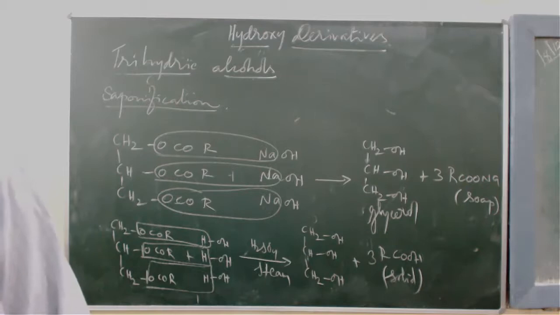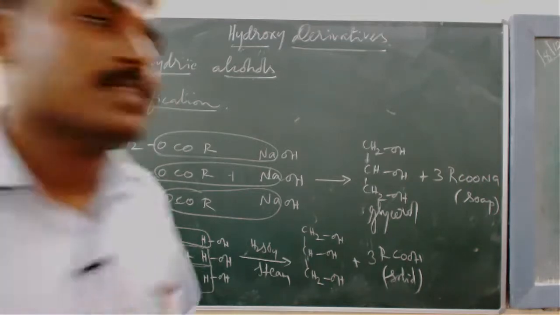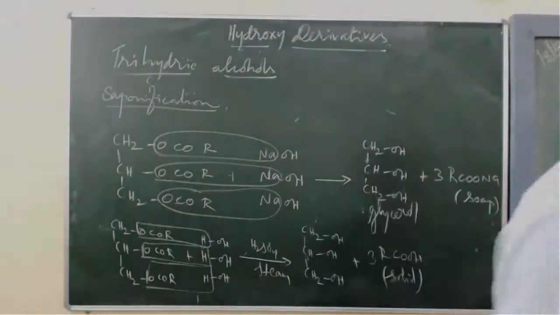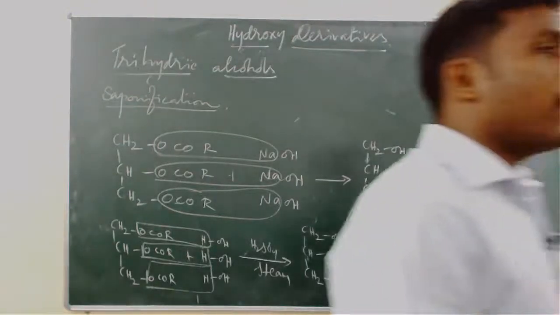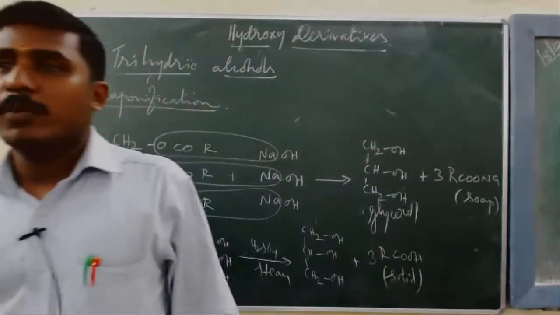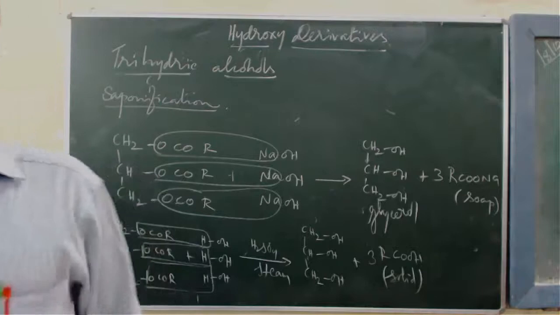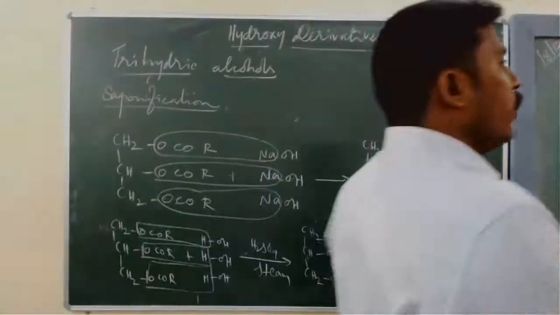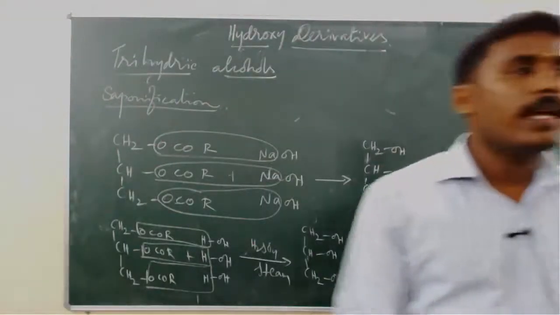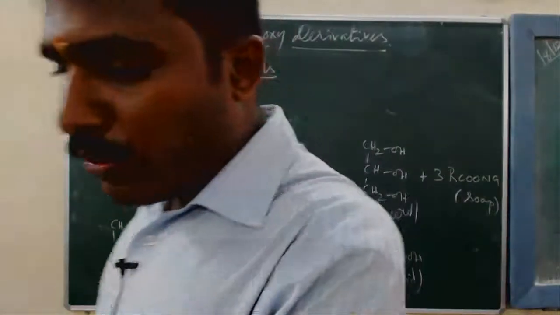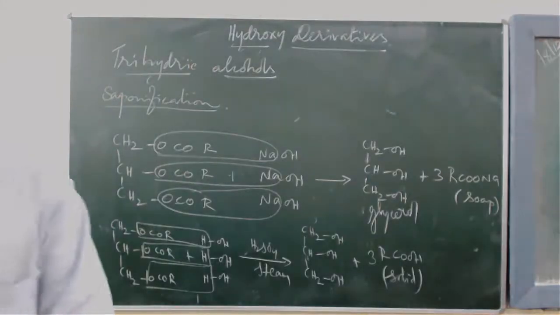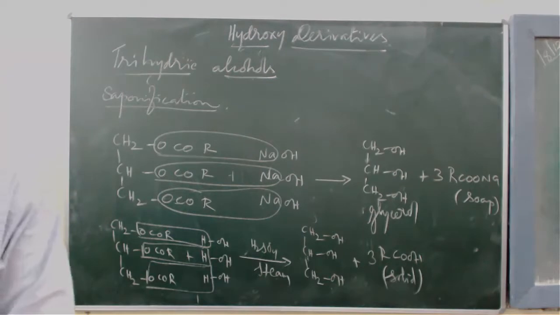The next important question here: synthesis of glycerol. Actually there is a 3 mark question, but sometimes they are asking a 5 mark problem. In synthesis of glycerol, initially we are going to take propylene. We are going to use 4 steps. In first step, chlorine at 773 Kelvin.